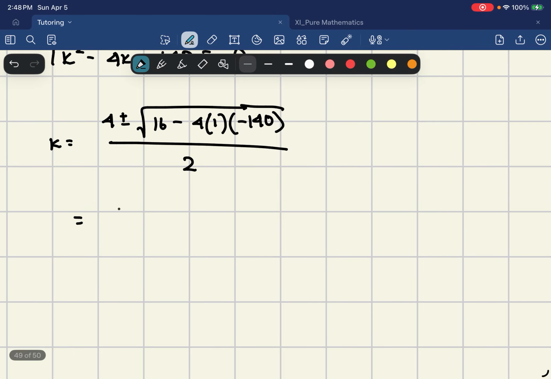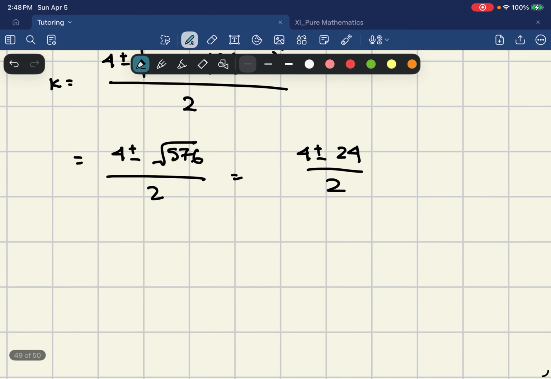And the square root of 576 is 24. So 4 plus or minus 24. So 28 by 2. So k is equal to 4 plus 24, 28 by 2 is 14. Or k is equal to negative 10. Those should be your two solutions for F.